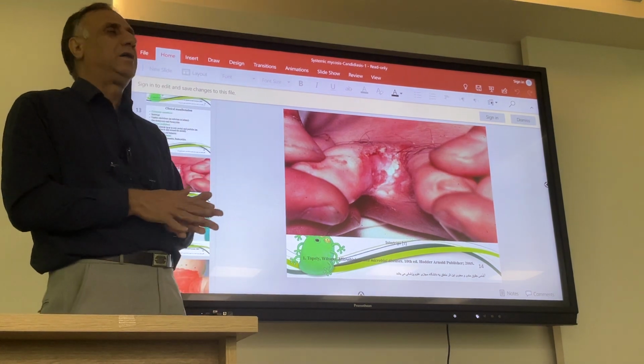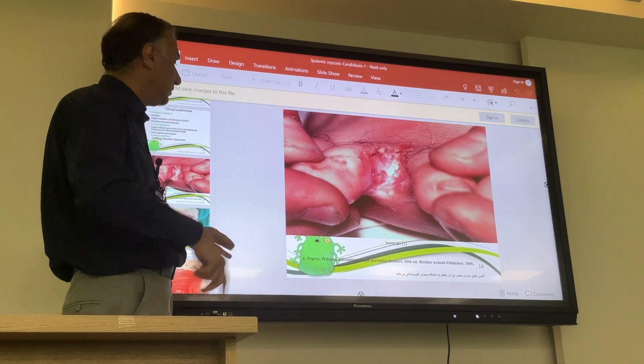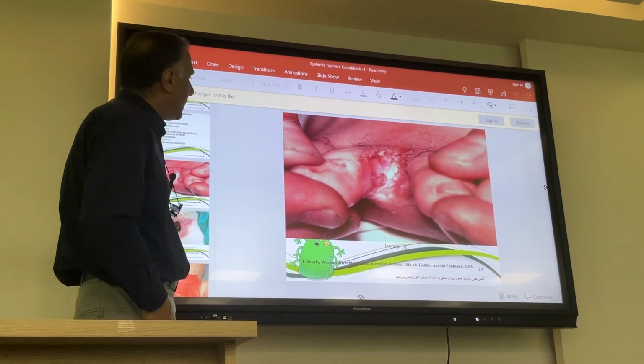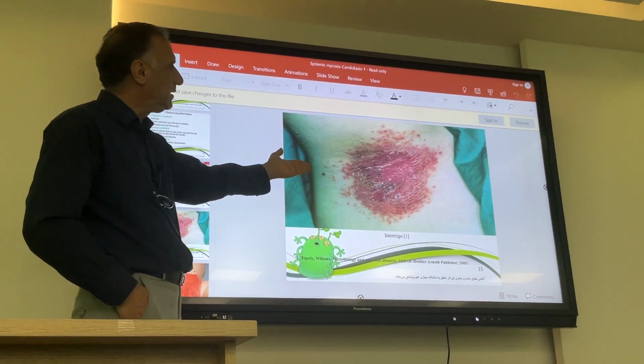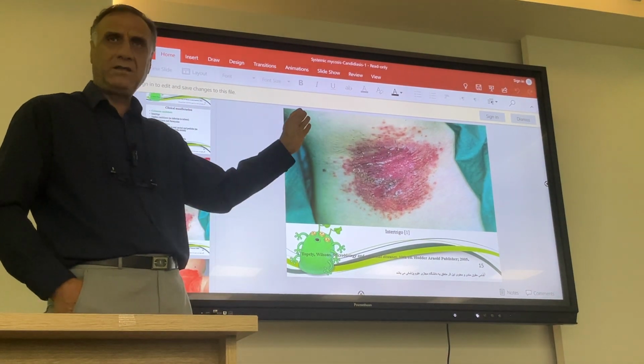I think Professor Dai explained for you in superficial mycosis, the axillary area.